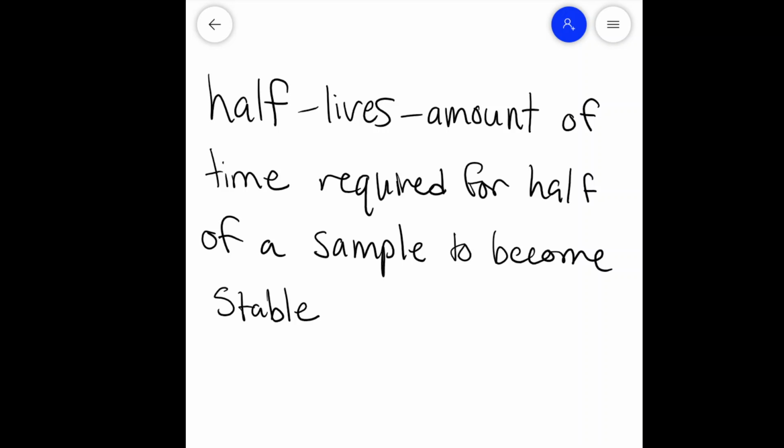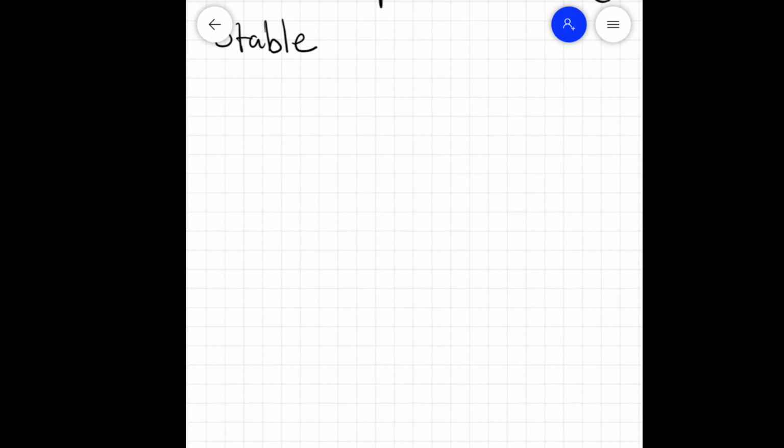And this is exponential. If you're in pre-cal, advanced pre-cal, right now we're doing exponentials and logs, and so we've been doing some equations with half-lives, but this is another way to do it.